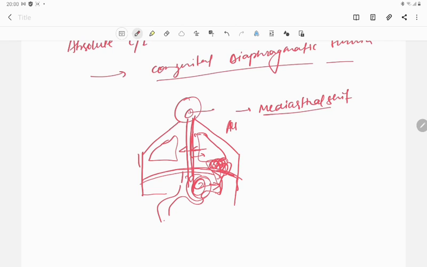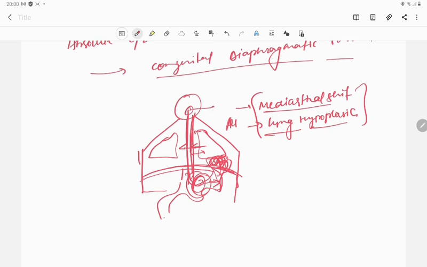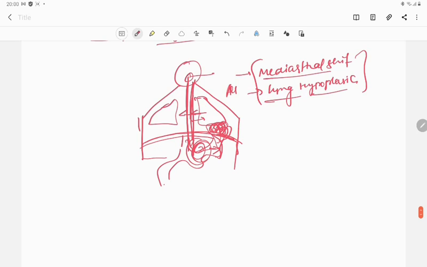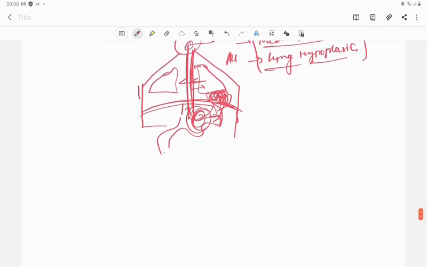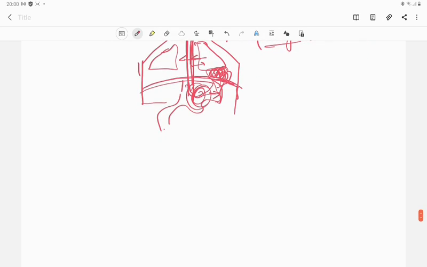This lung hypoplasia and mediastinal shift are the conditions which are going to get worsened if we keep on pushing the air into the esophagus, which will further deteriorate the condition of the baby, right? So these are the things that we have to keep in mind.